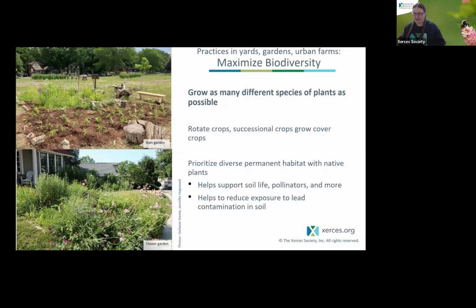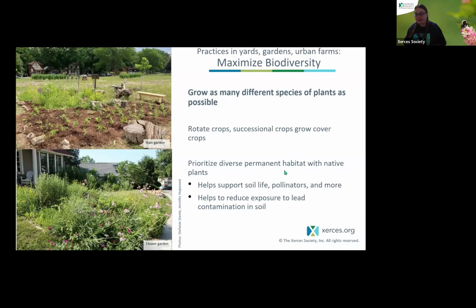And then maximizing biodiversity, growing as many different plant species as possible. So if you rotate crops, if you have successional crop rotation, that is wonderful. We also want to prioritize diverse permanent habitat with native plants. That helps give these animals refuge, areas to escape to that are free of disturbance, free of pesticides.